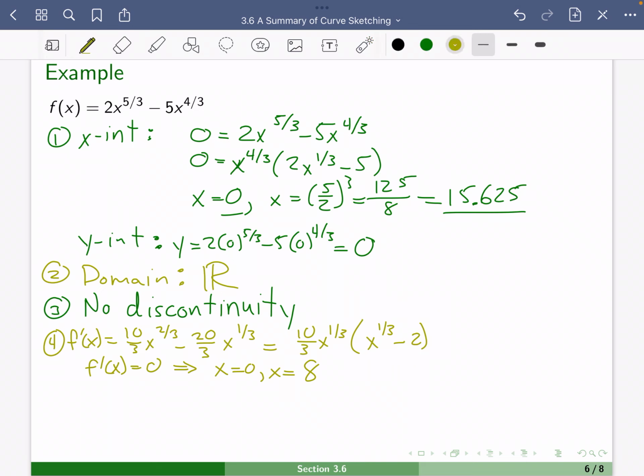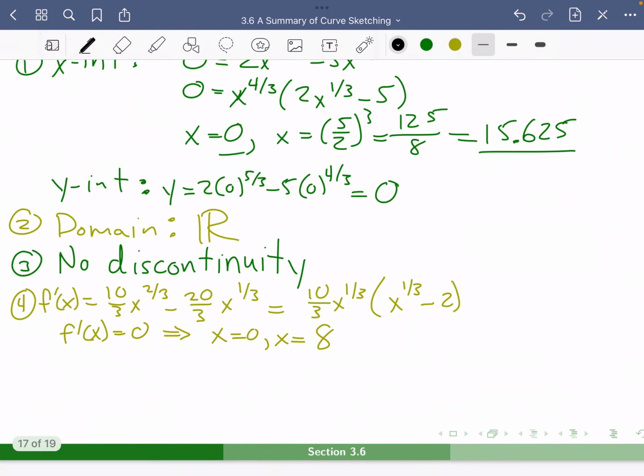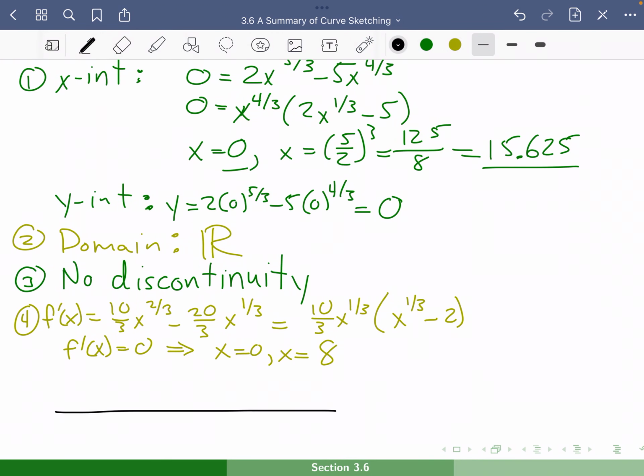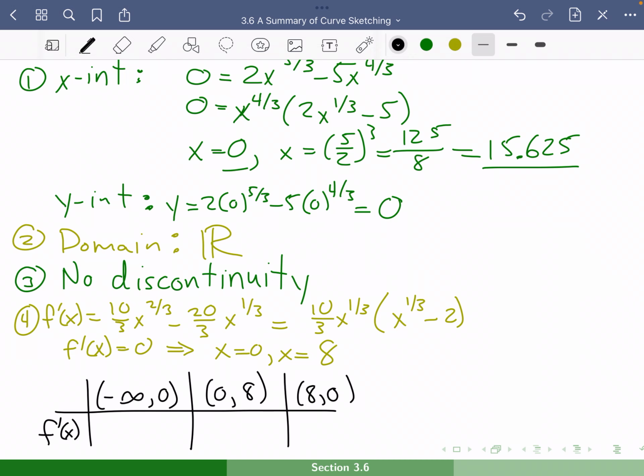And so our sign chart, this is a sign chart for our first derivative. We are going to go from negative infinity to 0, from 0 to 8, and then from 8 to infinity.